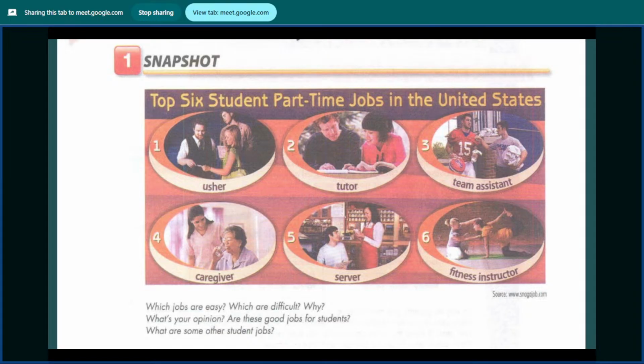Last question. What are some other student jobs? What are some other jobs that students can take up? They can work at daycare. Daycare, okay. Also sales. Sales, okay.